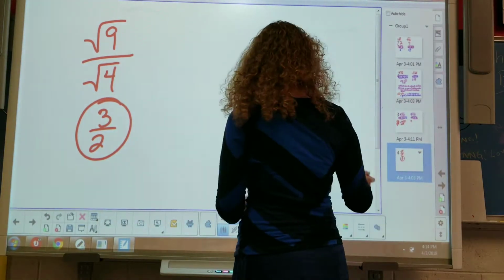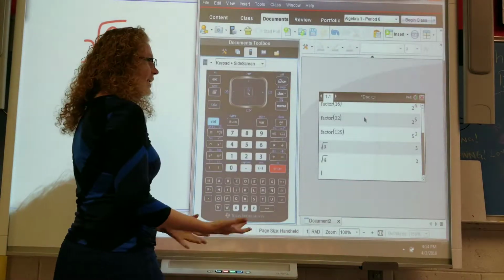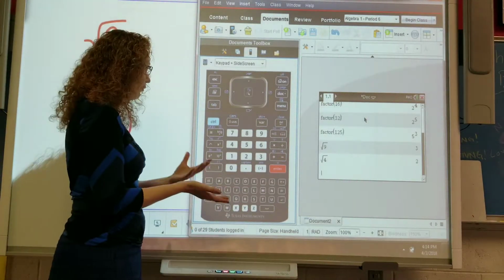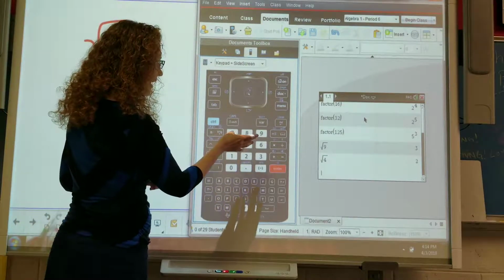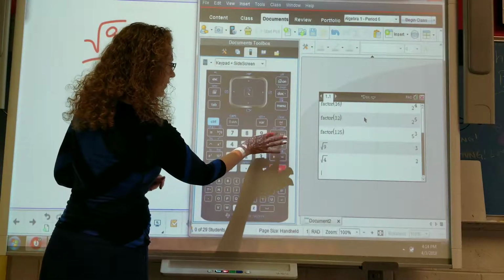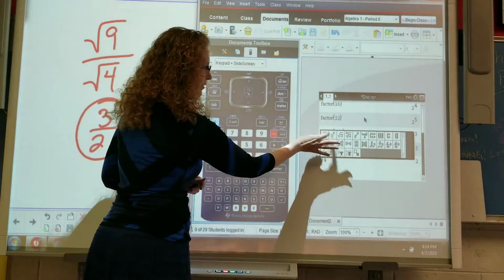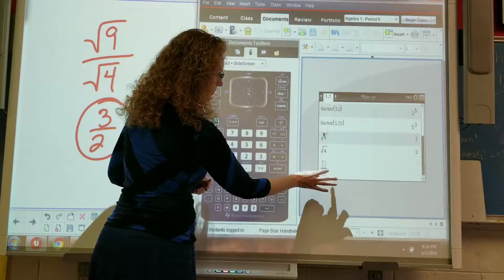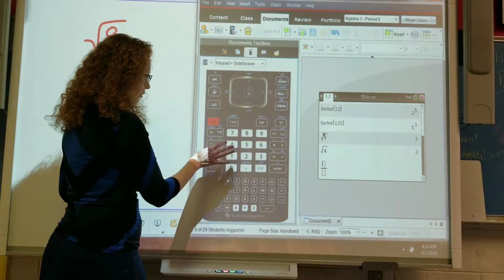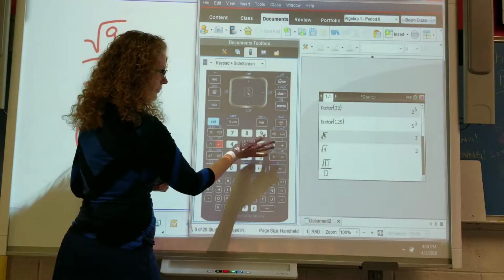Now you can put this one straight into your calculator, and it'll actually give it to you. So you can actually go ahead and use your little buttons here and use your fraction button. If I can get the fraction button to come up. There it goes. And then I can put control square root of 9.